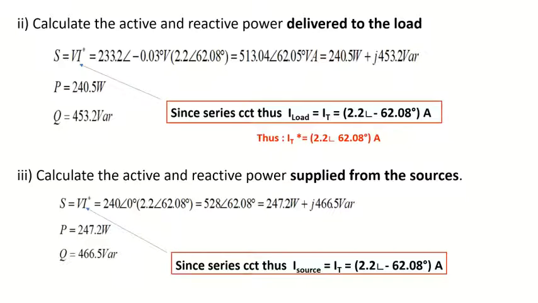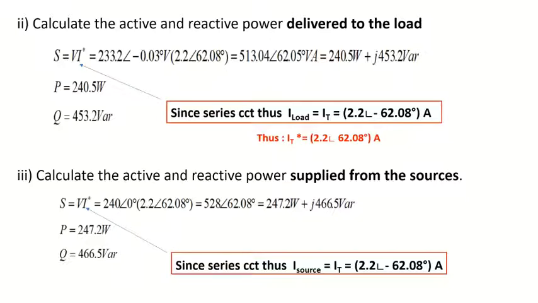The same step goes for finding the active and reactive power supplied from the source. So the S for the source is equivalent to Vs times Is conjugate. Your Vs is 240 with 0 degree, right?